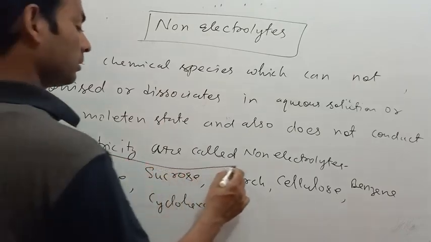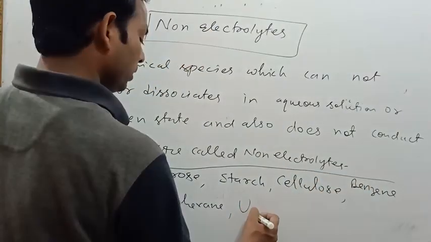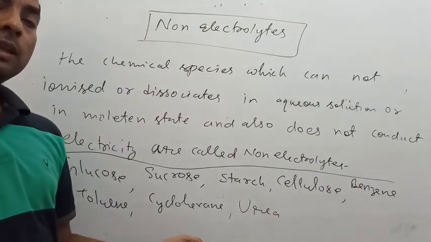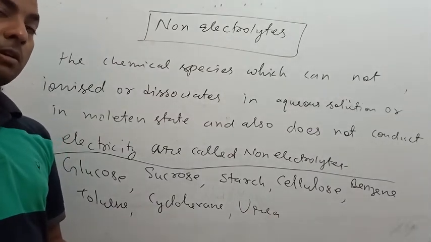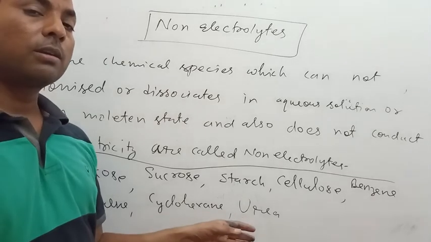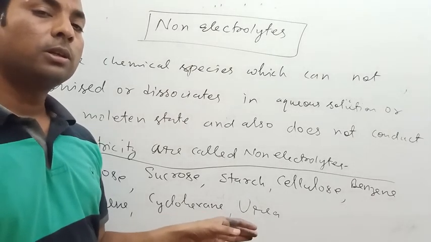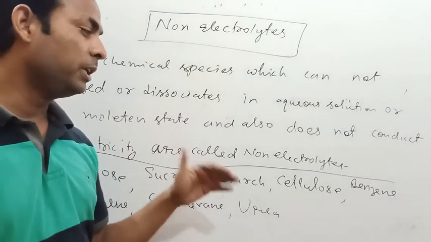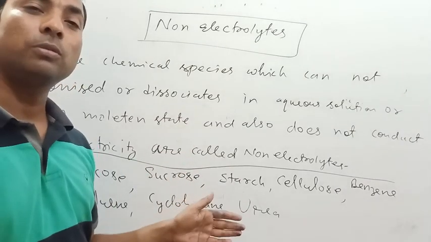So these all are non-electrolytes. Urea is also a non-electrolyte because it does not ionize into ions and also does not conduct electricity. Why? Due to the absence of free ions. So don't forget, this is a very important question for you.